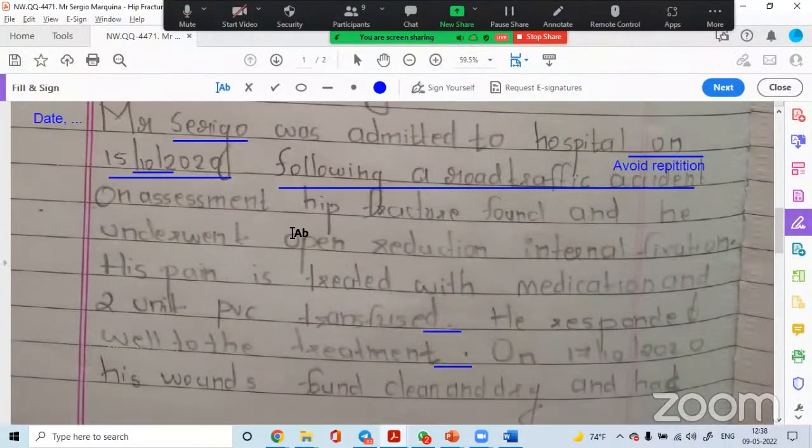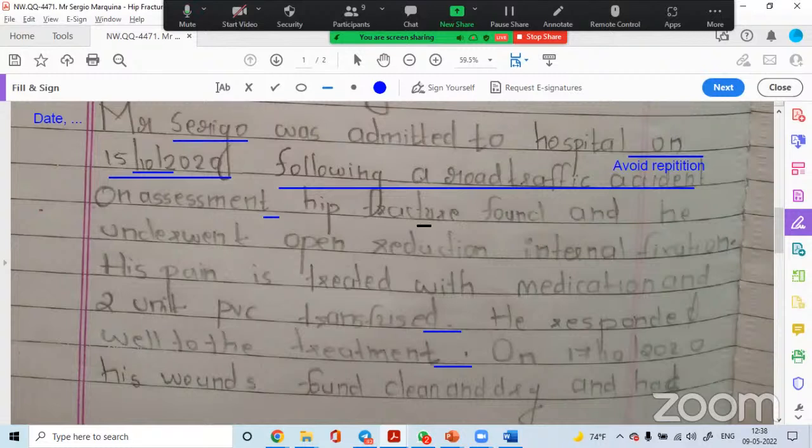Next, on assessment, comma. This is a prepositional phrase. You have to put a comma here. On assessment, hip fracture found and he underwent.